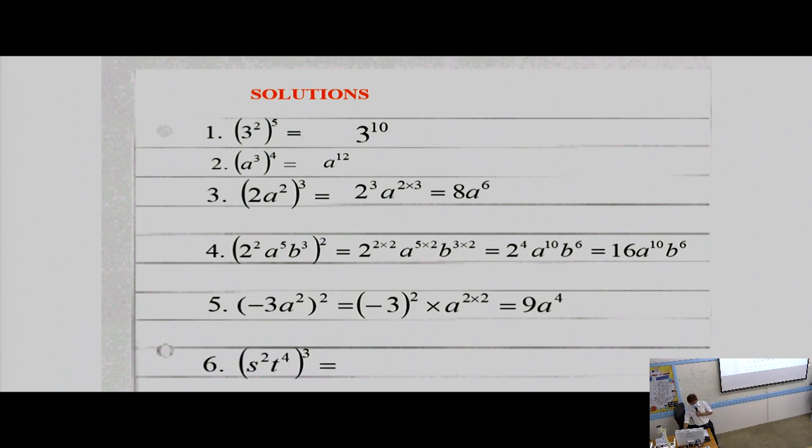Yeah, easy. This one, what's the answer? Number 6. The quantity of s to the power of 2, t to the power of 4, to the power of 3. That is?